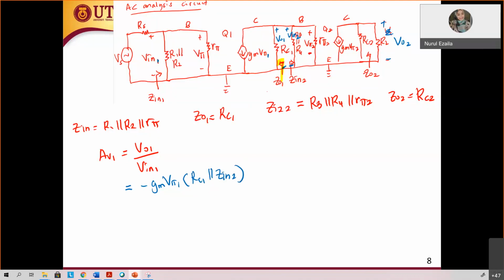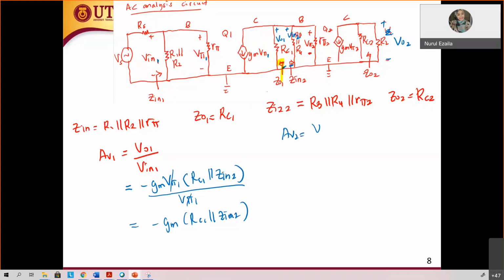Yes, correct. Okay, so divide by V in 1. What is V in 1? V pi 1. V pi 1 cancels out. So you're going to have negative gm RC1 parallel with Z in 2. All right, so that is AV1.